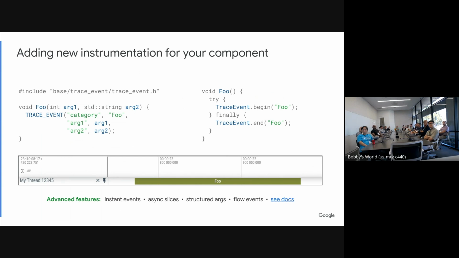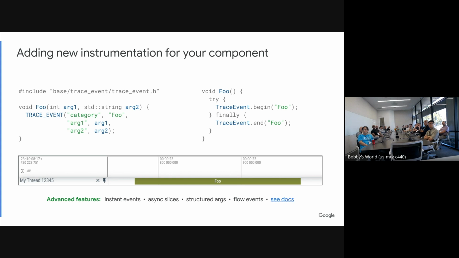You have additional advanced features where you can provide custom tracks to trace events that allow you to track async state. You have support for structured arguments, so data types that are more complex. You can create flow events between trace events. And I guess we'll see what that looks like in a minute.